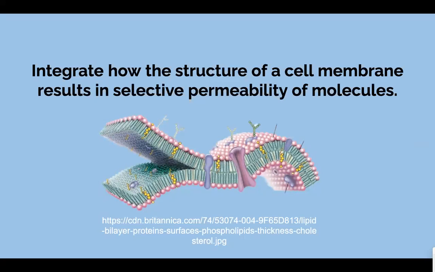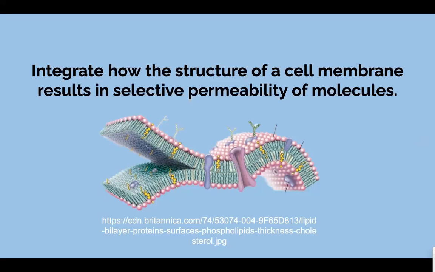The fluid mosaic model describes the arrangement of lipids and proteins in the cell membrane. The lipid bilayer has fluidity, allowing the lateral movements of phospholipids within the membrane. This fluidity enables the redistribution of lipids, influencing the overall permeability of the membrane. As a result, the membrane can adjust its composition and properties to accommodate different permeability requirements.